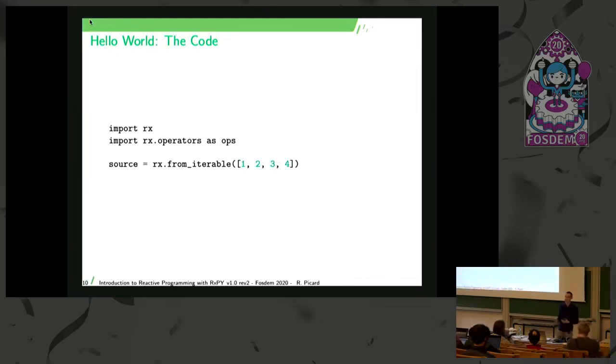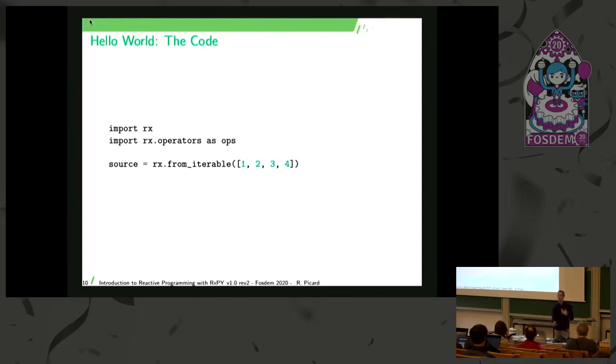In a real case, usually the source is something that comes from I/O, like a network connection, or it could be a timer that will tick every second, or it can be user inputs from a UI. But here, for an example, we create a hard-coded observable that will emit items 1, 2, 3, 4.